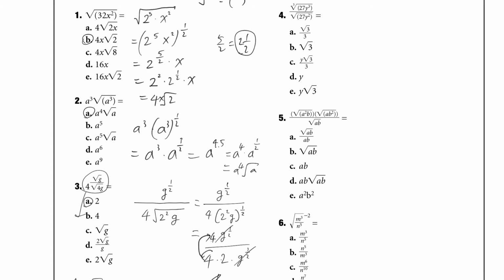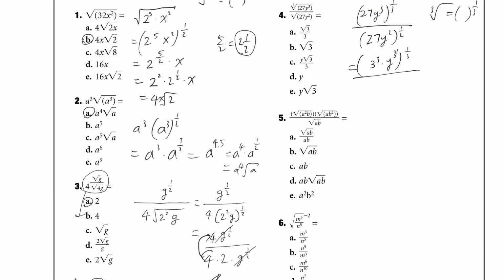Okay, moving to question number 4. So this time it's cube root. So let me just rewrite that as power of 1/3, because cube root is equivalent to saying something to the power of 1/3. And then the denominator is square root. So 27y to the power of 2 to 1/2, right? And I know that 27 is equivalent to 3 to the power of 3 times y to the power of 3 and 1/3.